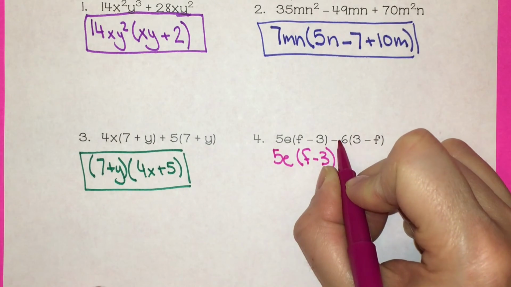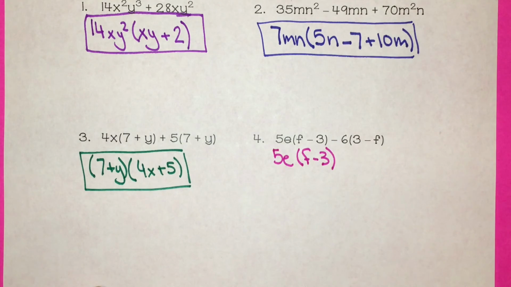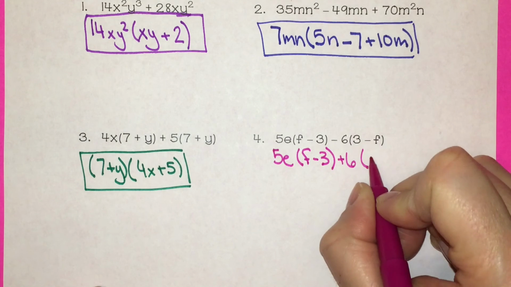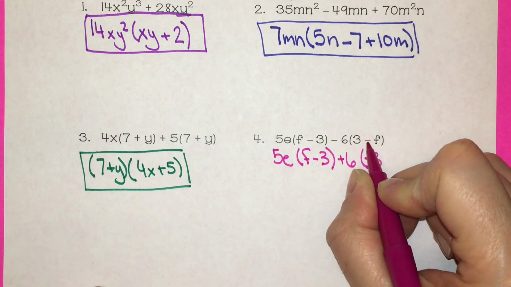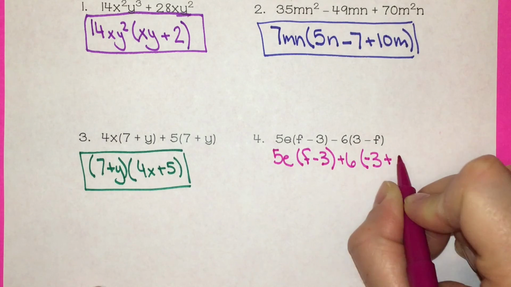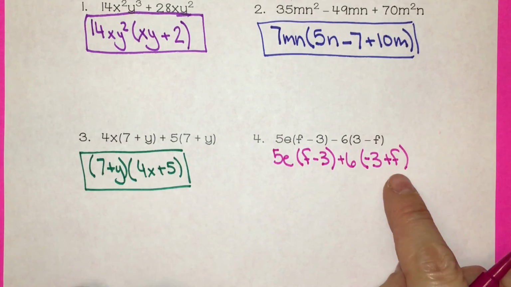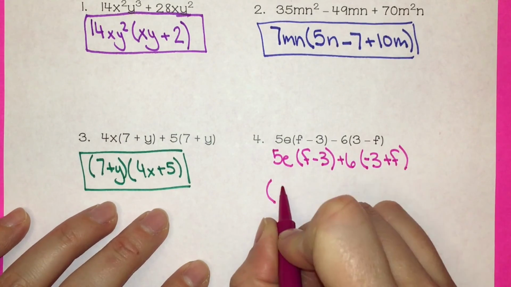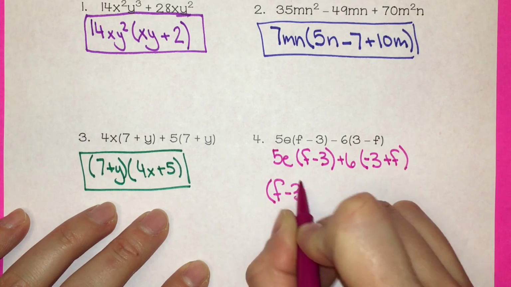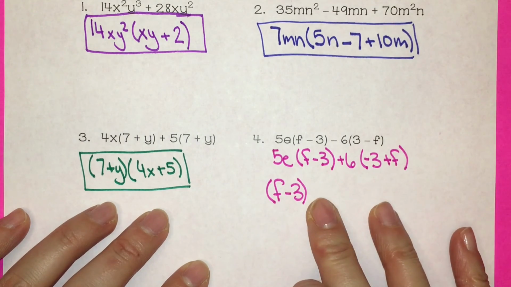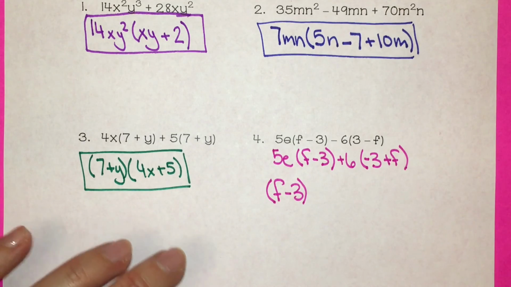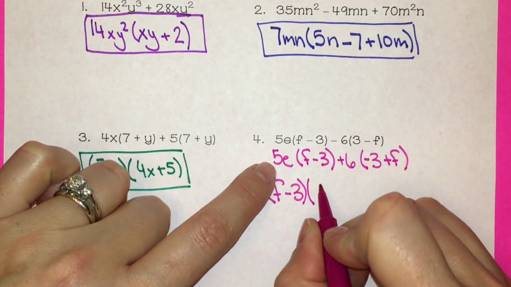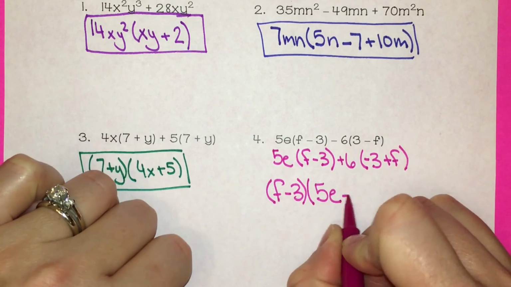When I factored out -1, -6 times -1 is +6. And 3 divided by -1 is -3. Negative f divided by -1 is positive f. So here we both have a positive f and a -3. So what they're both multiplied by is f minus 3. If you want to rewrite it in the step below, you can, so you can really see that. And what it's multiplied by, what we're left with, is 5e plus 6.